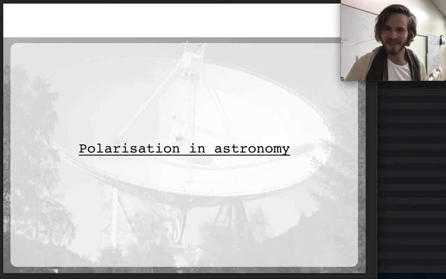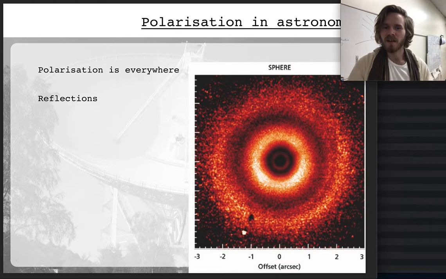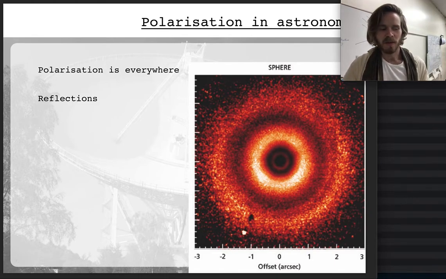So to bring it back to polarization in astronomy, there are a lot of ways that we can use polarization in astronomy. So in the same way that we talked about how reflected light has polarization that we can cut out, alternatively, if we want to look at reflected light, then we can select the reflected light.